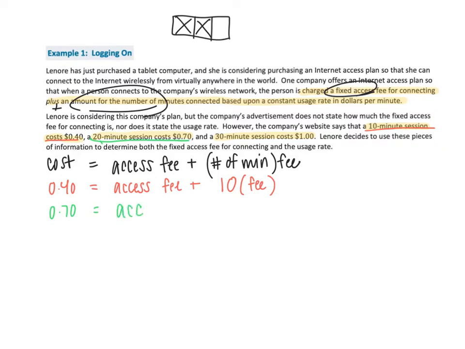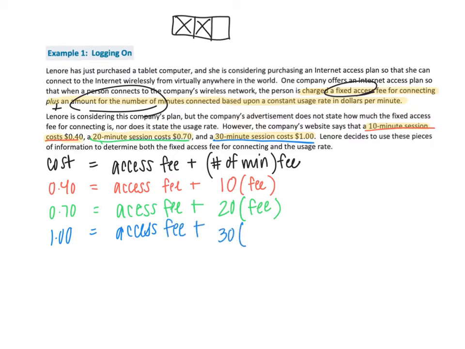So we have the access fee, and this one is 20 minutes times this other fee of being connected per minute. And then the last one here is the 30-minute session. It's going to cost $1. So the total cost is $1. And this is the access fee plus 30 minutes of this other fee being connected.